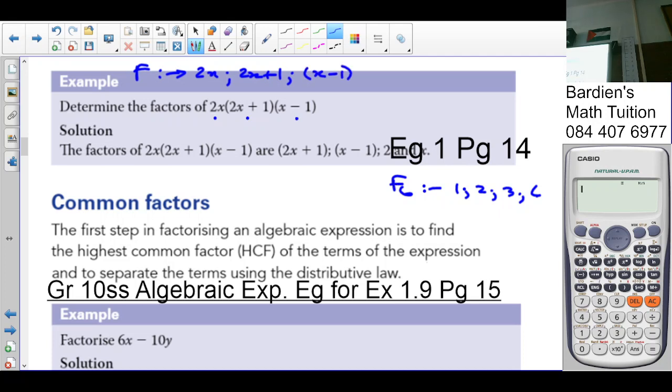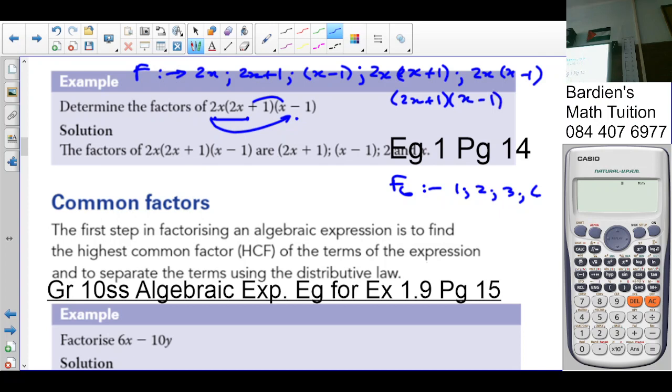Okay? Then it could be the combination of those two, which is 2x into 2x plus 1. It could have been the combination of those two, which is 2x into x minus 1. It could have been the combination of those two, which is 2x plus 1 into x minus 1.